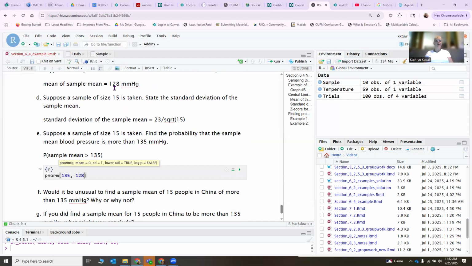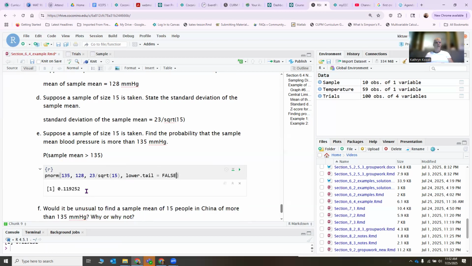We just did that up here. And my standard deviation is 23 over the square root of 15. And then I want to have lower.tail equals FALSE, because again, we're going to be greater than, so we're saying we're in the upper tail, not in the lower tail. And there is my probability.